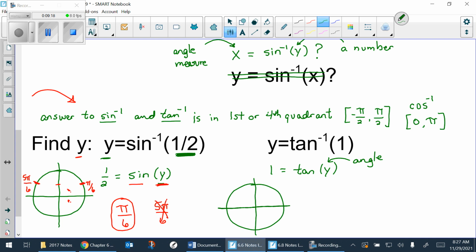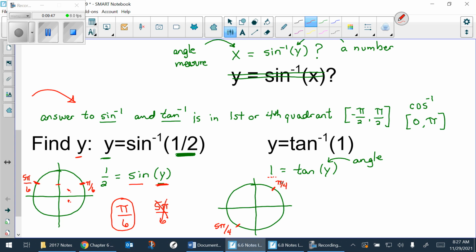Where is sine divided by cosine 1? Well, sine and cosine are the same right here, pi over 4, and also down here at 5 pi over 4. And if sine and cosine are the same, then when you take sine divided by cosine, you're going to get 1.